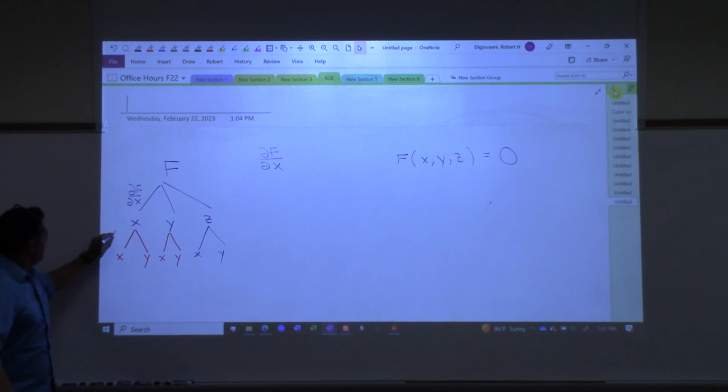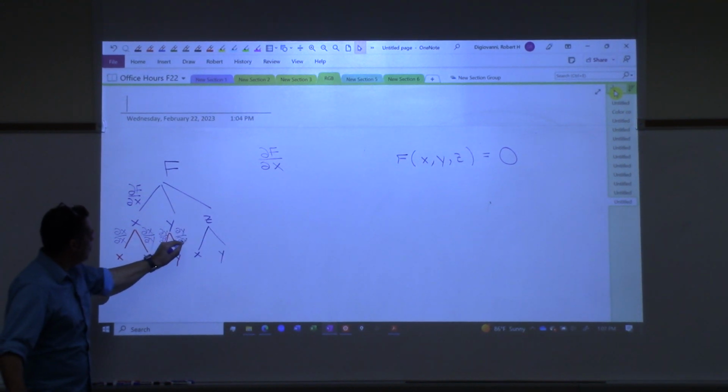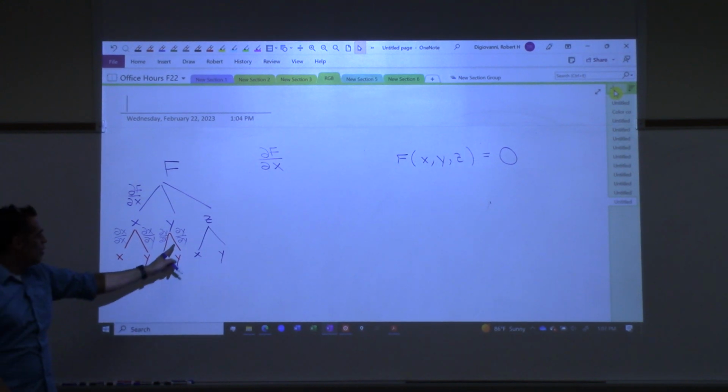This would be partial x with respect to x. What do y'all think that should be? 1. Down this side, partial x with respect to y, right? Let me do here. Partial y with respect to x. Partial y with respect to y. That'll be 1 as well, right?